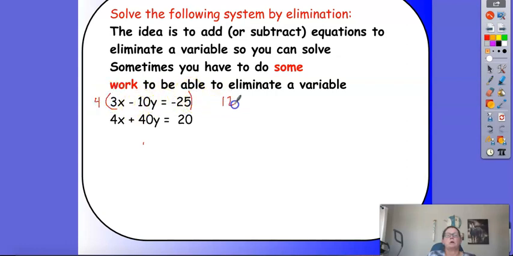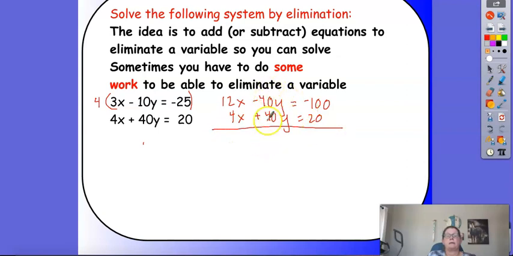I'm going to then get 12x, 4 times 3x, 4 times -10y is equal to -100. Remember, I have to go all the way across. I'm going to multiply this side by 4 and this side by 4. Okay, and that's how I can get away with it, where I didn't change the equation because I multiplied both sides by 4. Okay, now I'm going to write that other one here.